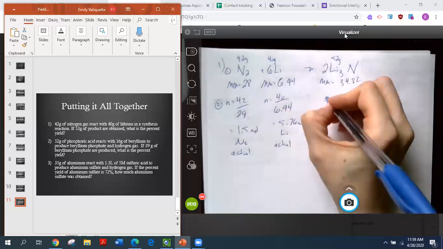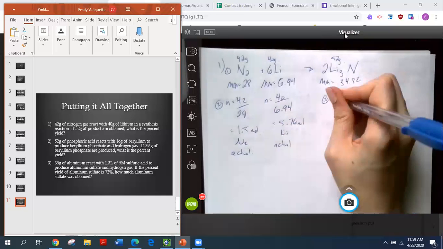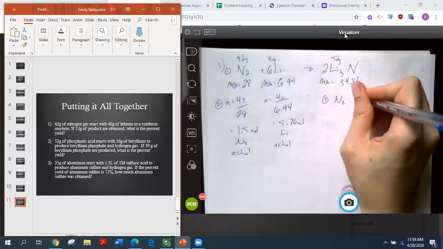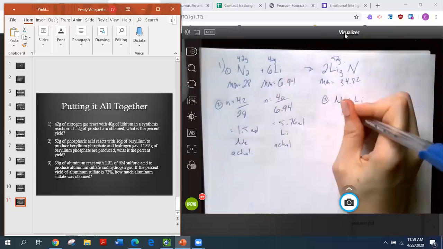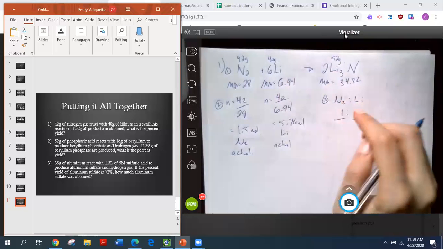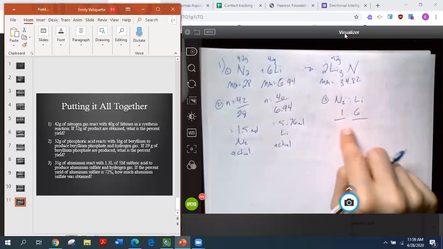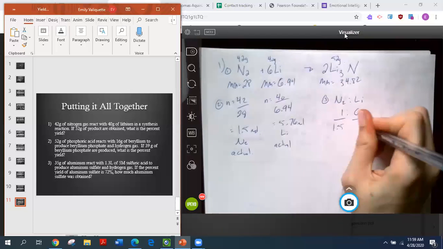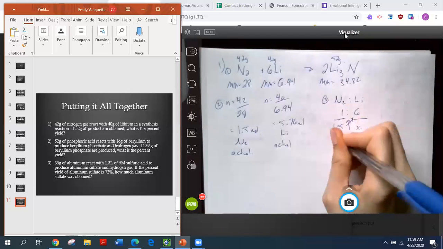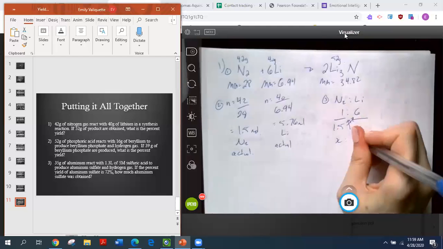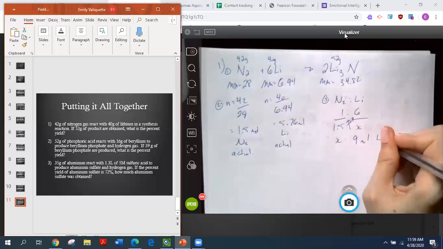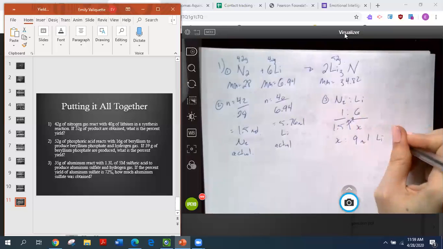My third step is then to set up a mole ratio between my two reagents, which is a 1 to 6. I'll plug in the amount of one, solve for the amount of the other. Doesn't matter which is which. And I get 9 moles of lithium needed.